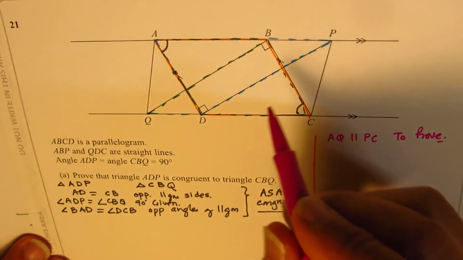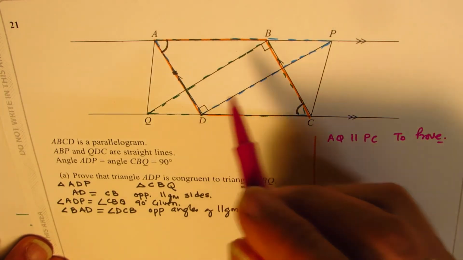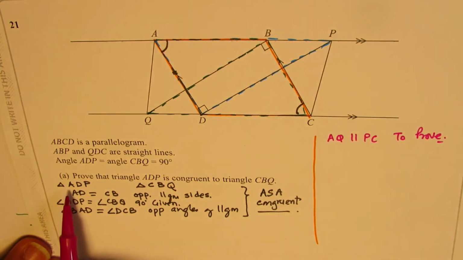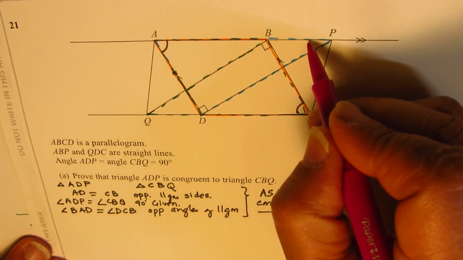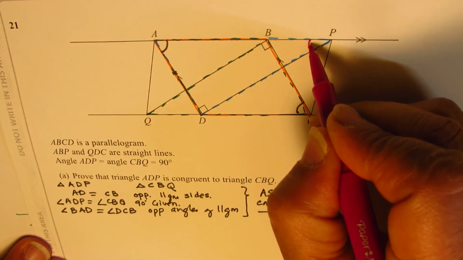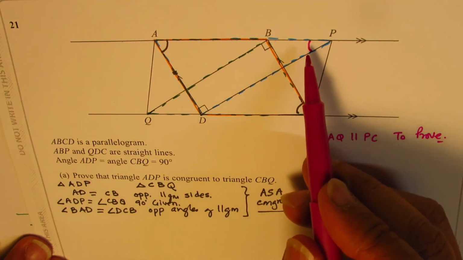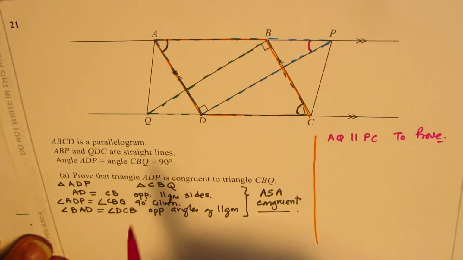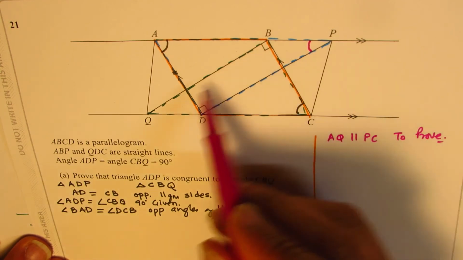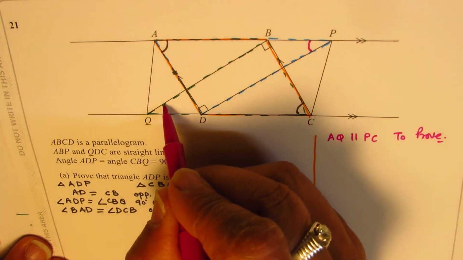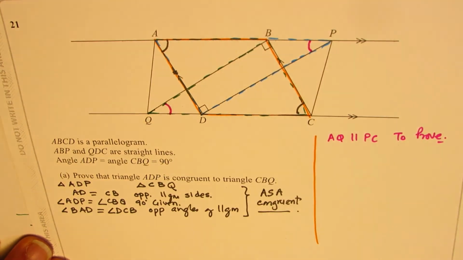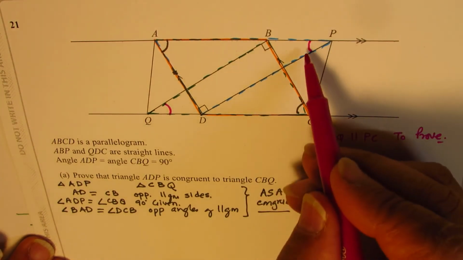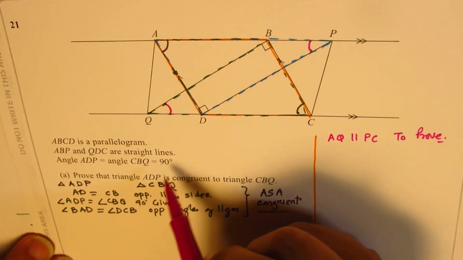So that really means the third angle, which in ADP, the third angle is this, right? That angle should be equal to the third angle in the triangle CBQ. So this angle should be equal to that angle. Okay? So these two angles are equal.